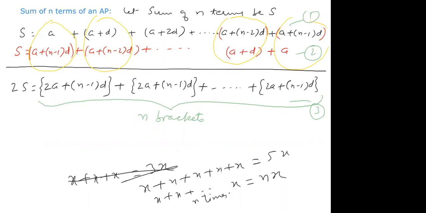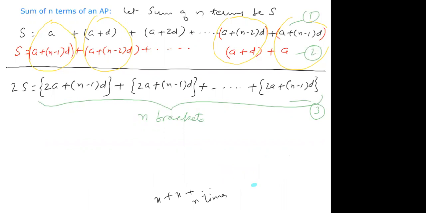Similarly here, you can consider every bracket like x, and how many times do we have it? n times, and all brackets are equal. So can I write this is equal to n times 2a plus n minus 1 into d, like nx, because there are n brackets. n times I am adding.